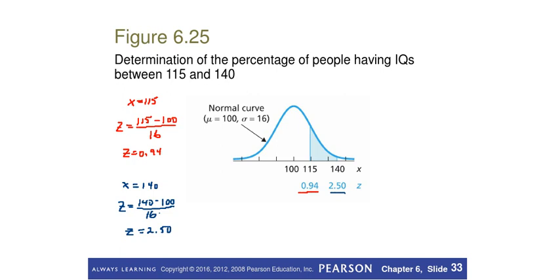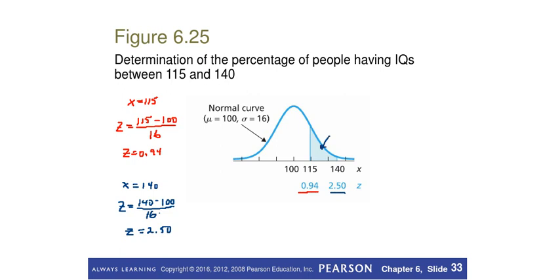Now, of course, the other trick is that in Excel, we could actually just look up these numbers directly without even having to go for the z-values, because Excel happens to have a command that helps us do that. But what we're looking for is the area in between.